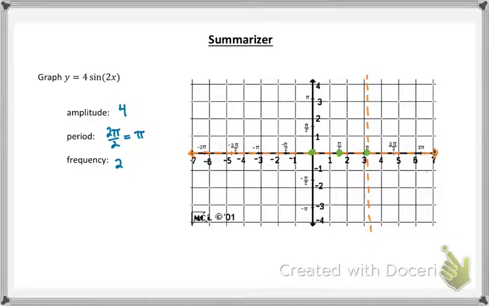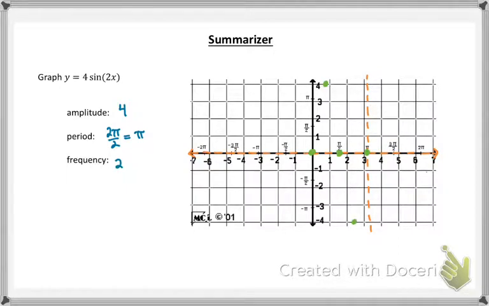So the high point is going to be the halfway point, which is pi over 4. So right here, pi over 4, we're going to be at 4. And then right here, halfway point between pi over 2 and pi, we're going to be at -4.